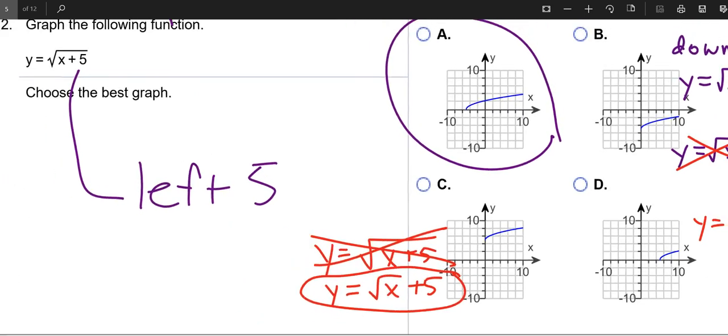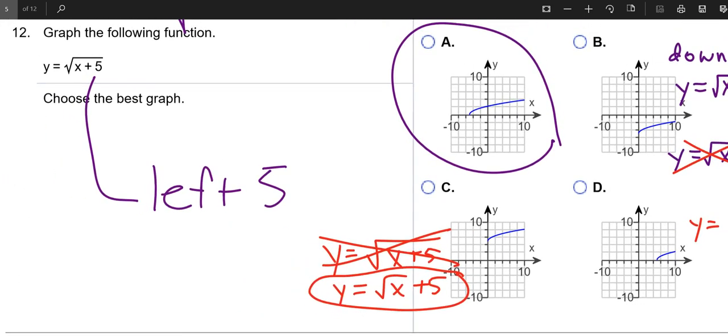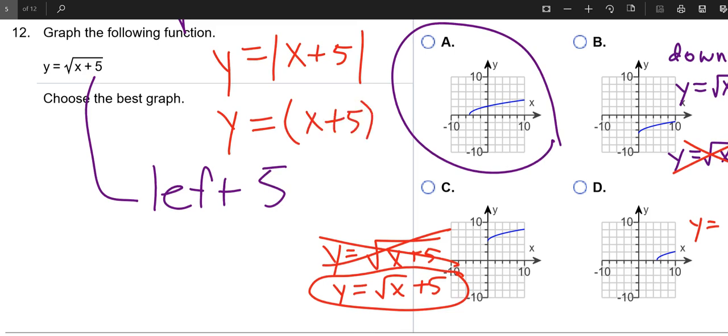Okay. So do you notice how the x plus 5 is inside the radical? Every time we do things that are inside, so for instance, this is another one that's an absolute value, but it's inside. Here's a parabola, but it's inside.